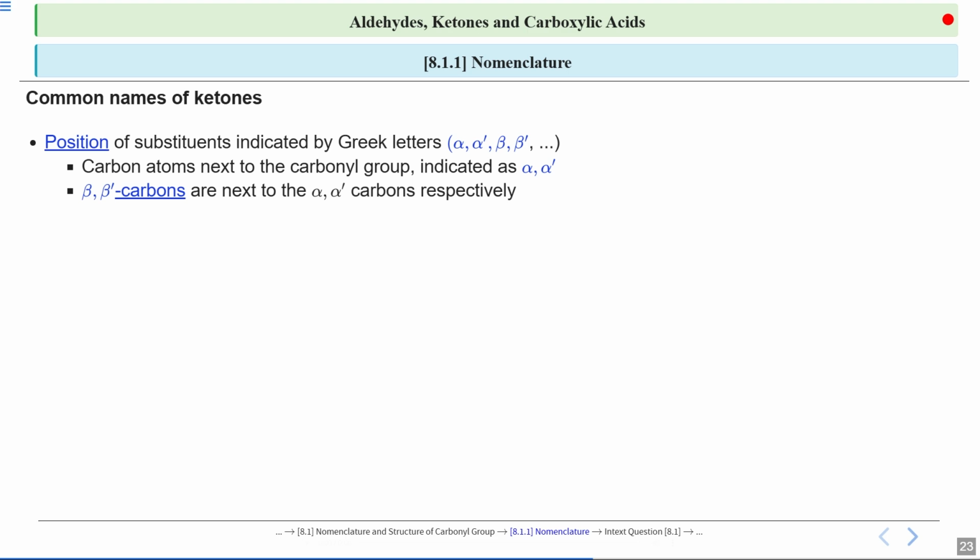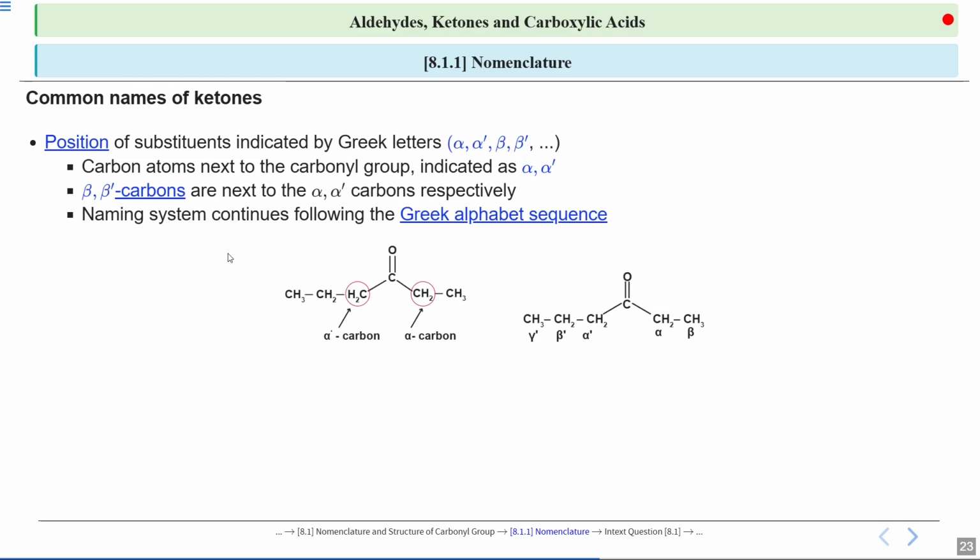So beta and beta dash carbons are next to alpha and alpha dash carbons. The naming system continues, following the Greek alphabetical sequence. If you look over here, this is a carbonyl group, and the carbon which is next to this carbonyl group is alpha carbon. If this is alpha carbon, then this is alpha dash carbon, because both these groups are next to the carbonyl group.